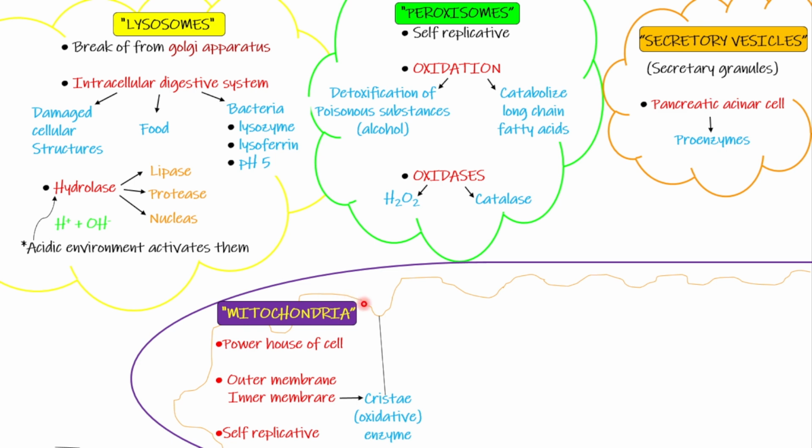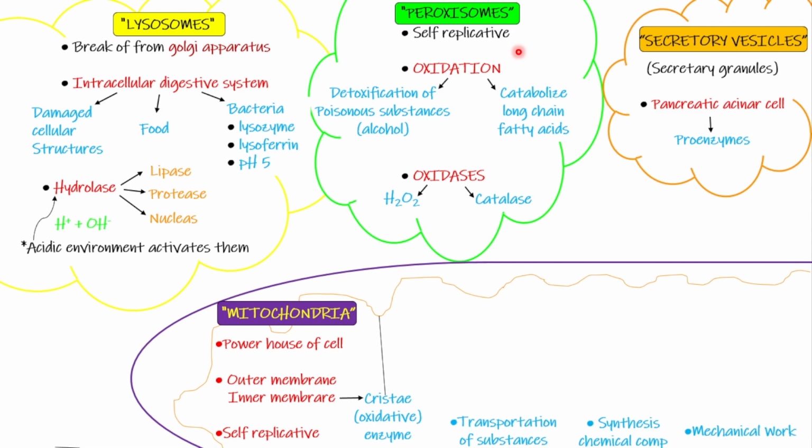These oxidative enzymes present in these folds basically perform the chemiosmotic formation of ATP, which we'll discuss in a minute. So mitochondria is the powerhouse of the cell. It has two membranes, and the inner membrane has oxidative enzymes. One other point you have to remember is that mitochondria is self-replicative. These peroxisomes are also self-replicative.